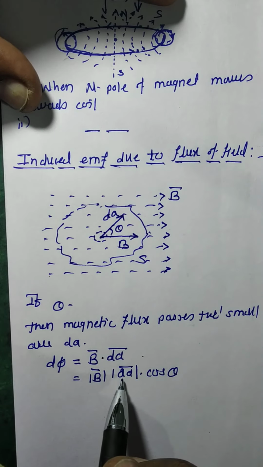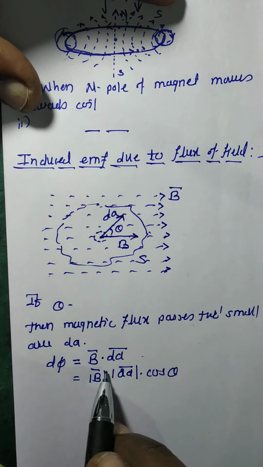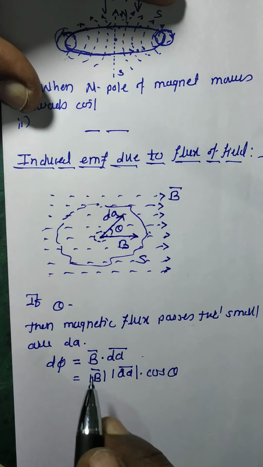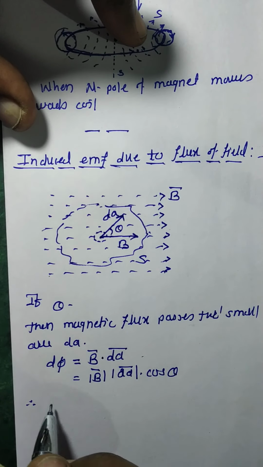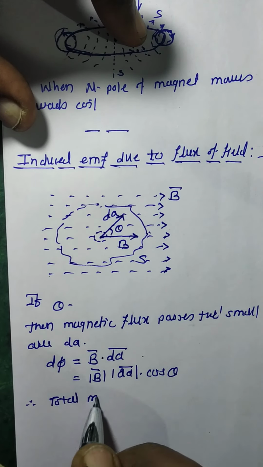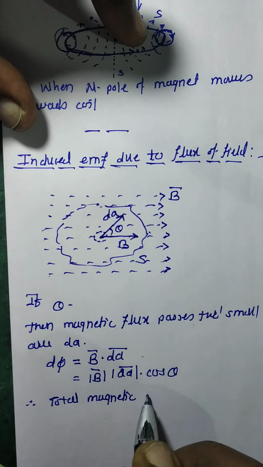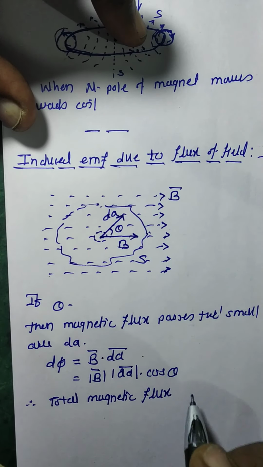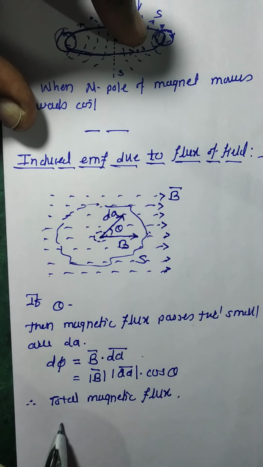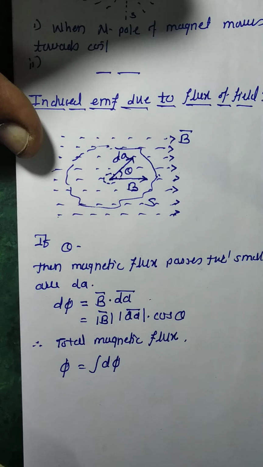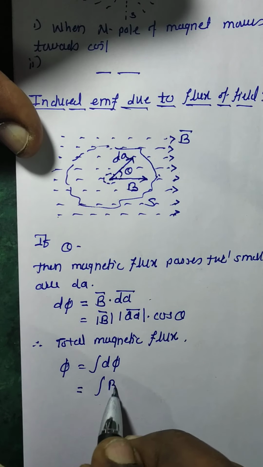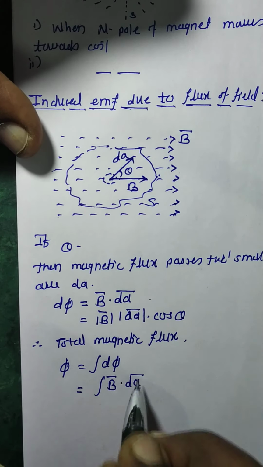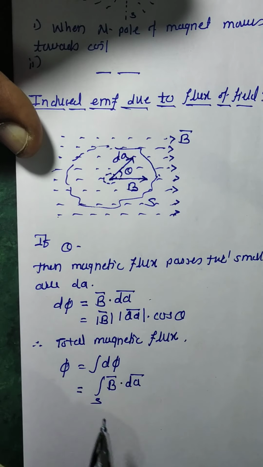This is the small magnetic flux due to the small area, and therefore the total magnetic flux phi is equal to the integration of d phi, which is equal to the integration of B dot dA over the total surface area.